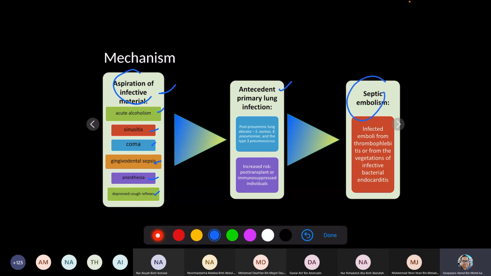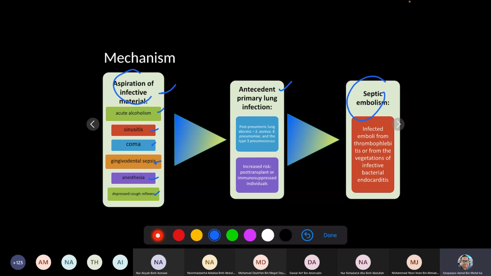For example, if there is infection elsewhere, such as infective endocarditis, in which there are infective emboli at the heart valve, this septic emboli can dislodge, be carried away, and end up in the lungs.